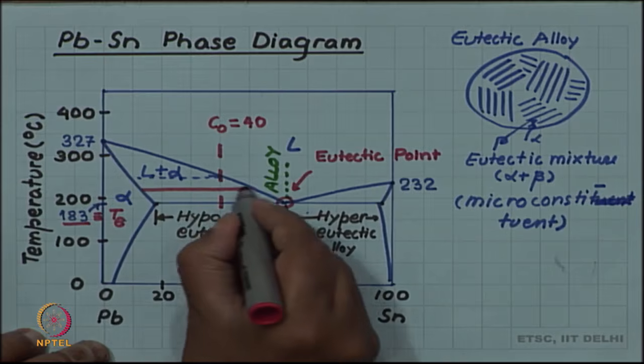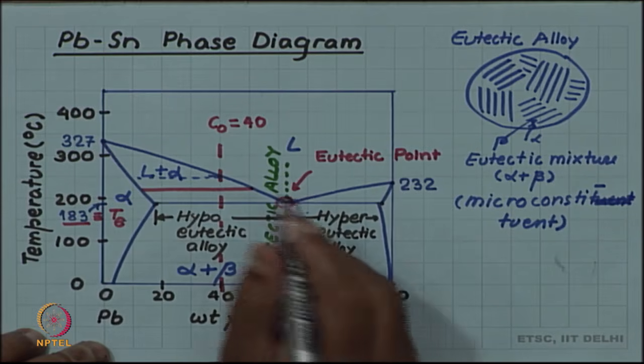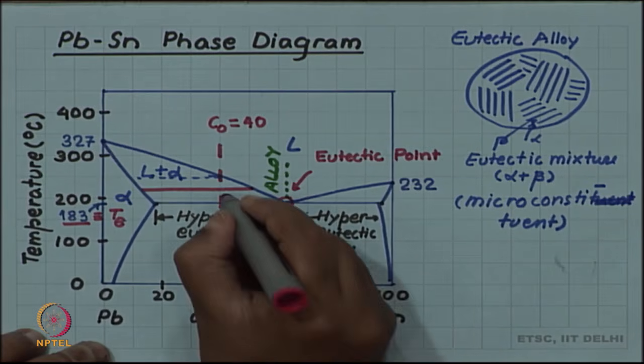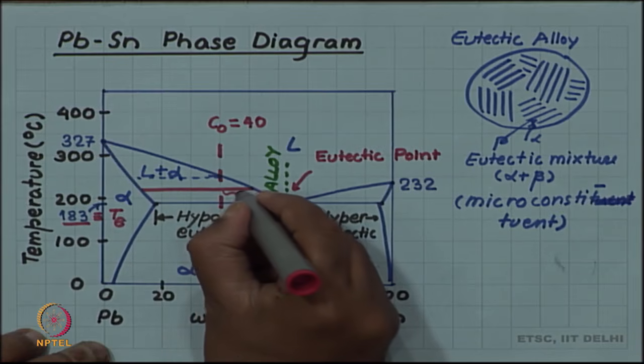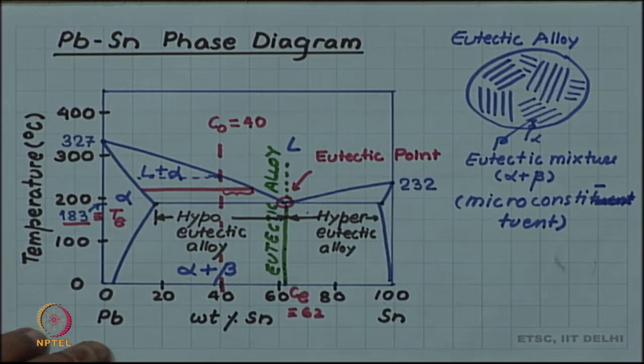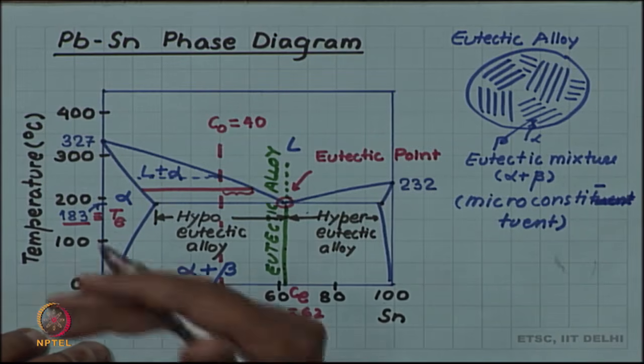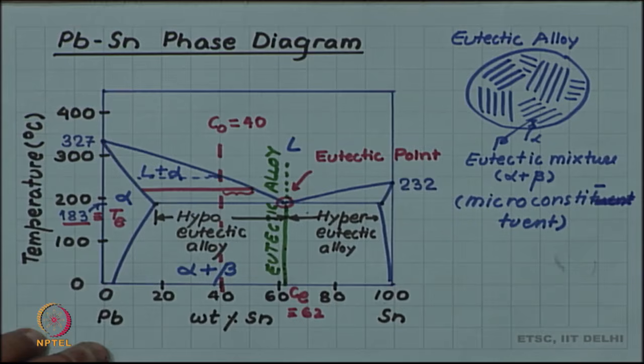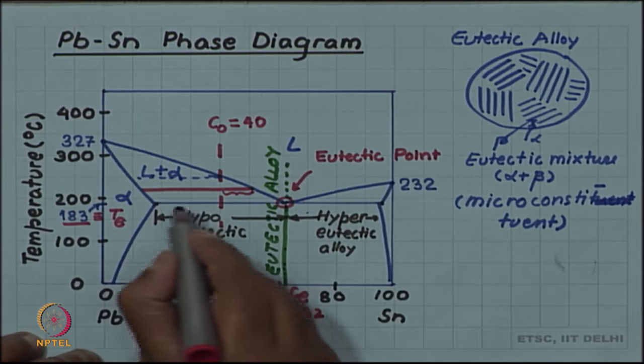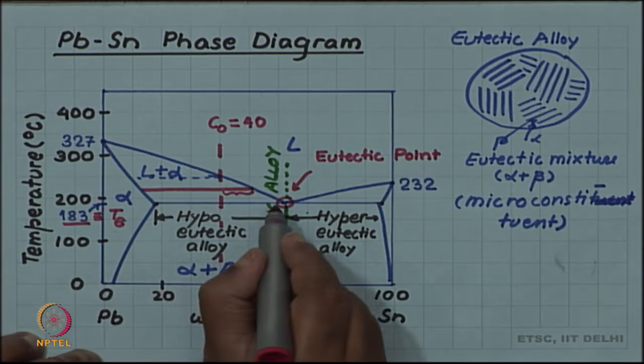If I draw a tie line at this temperature, more alpha will form, and the amount of alpha will be given by the opposite lever arm, that is this much. As you cool, more and more alpha will form, and this process will continue till it reaches the eutectic horizontal.